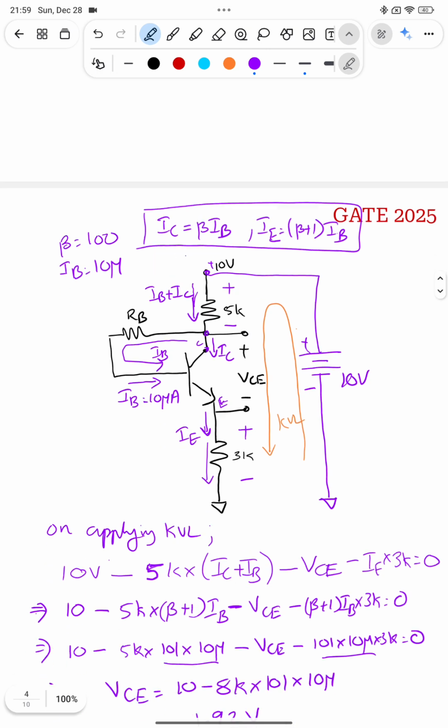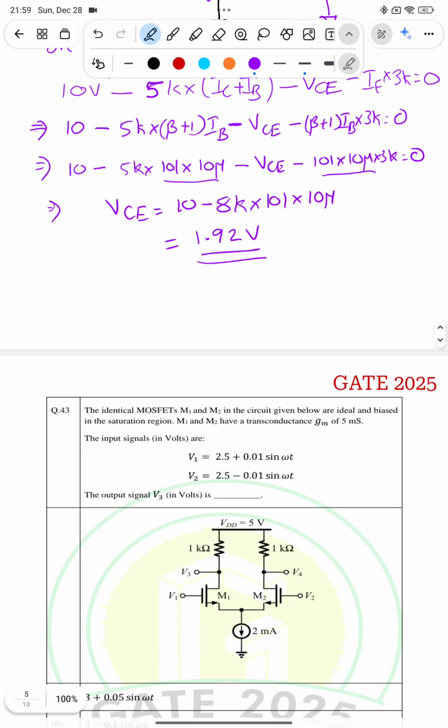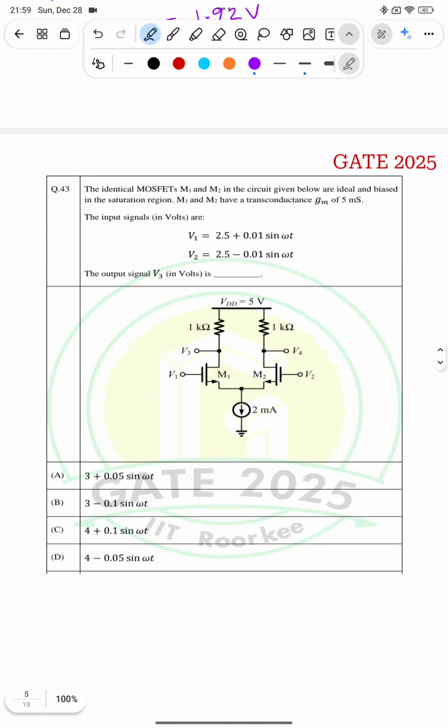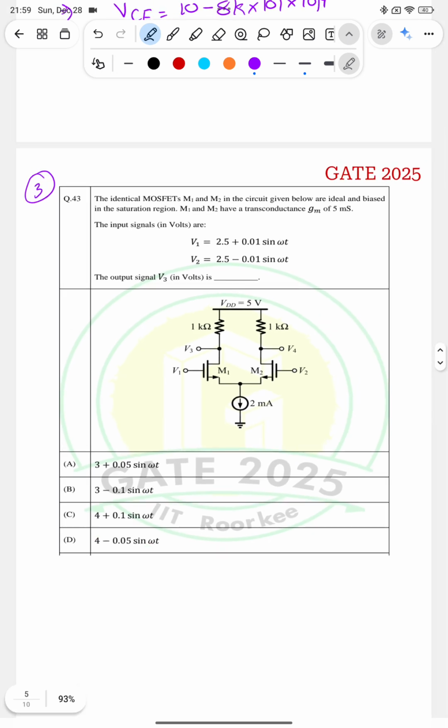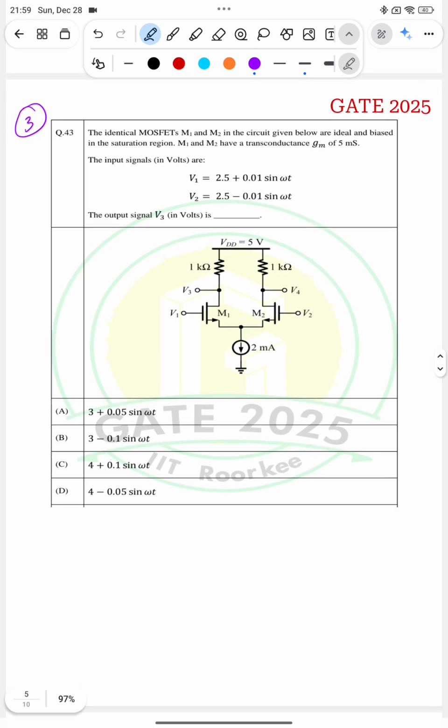I'll go for the next question asked in GATE 2025, that is the third question. So the question is: the identical MOSFETs M1 and M2 in the circuit given below are ideal and biased in the saturation region.